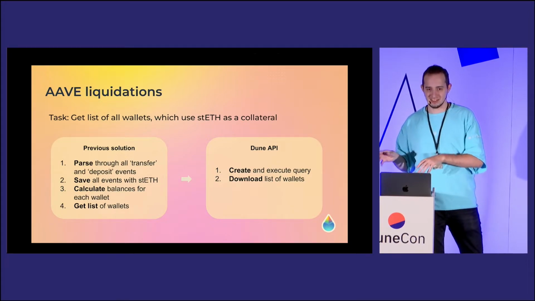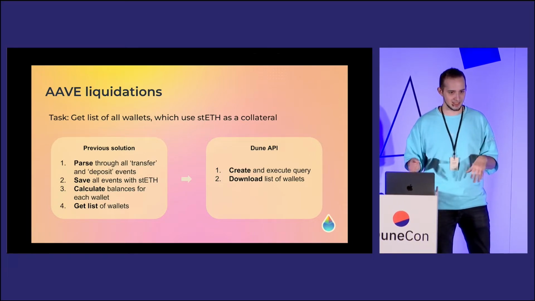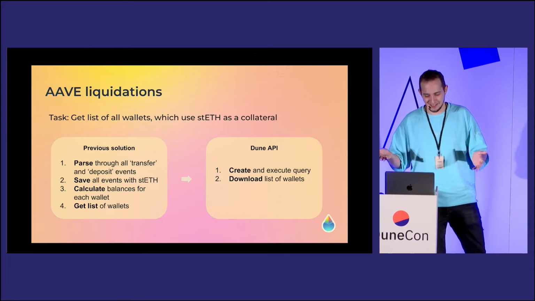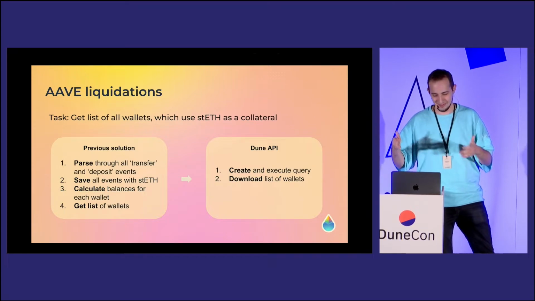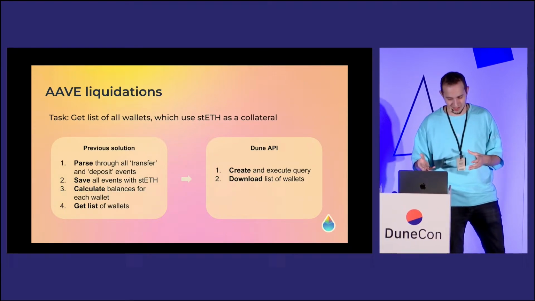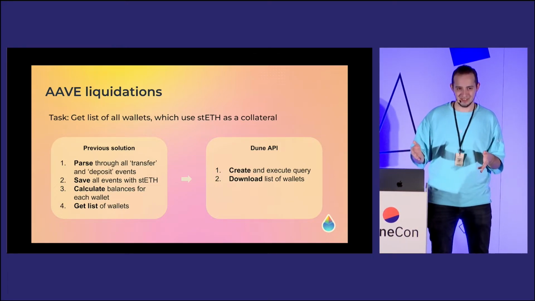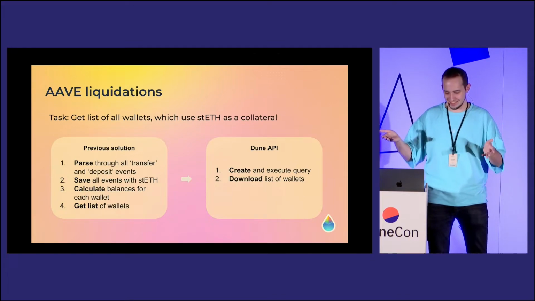We also tried different data providers, but we faced many data bugs and incompleteness. So we always returned to the on-chain solution with that large number of executions. But with the Dune API, we solved it pretty fast. We just create a simple query and download it, and that's all.